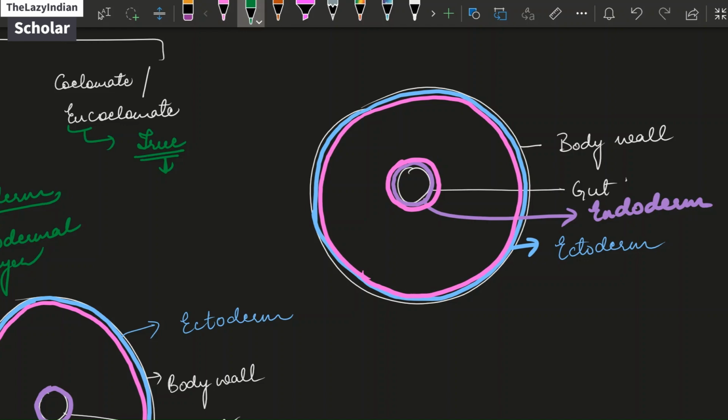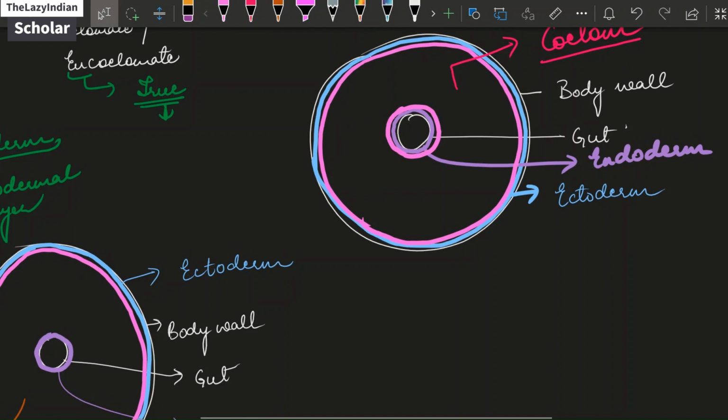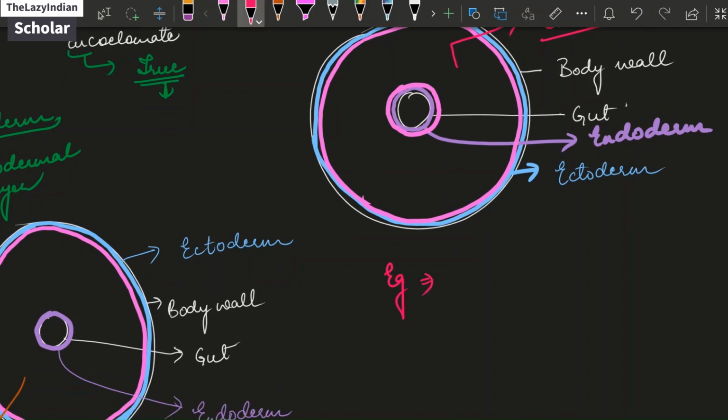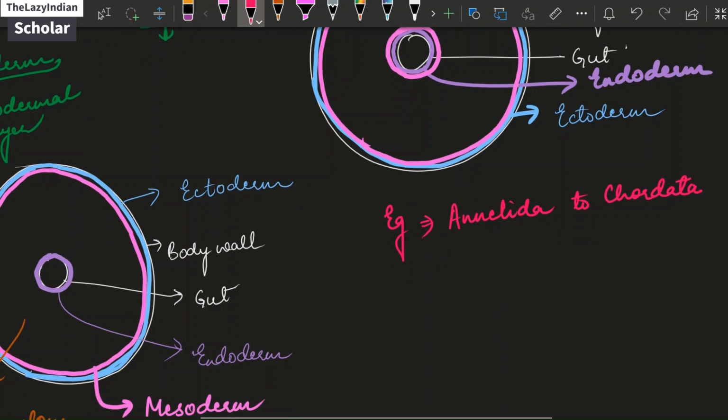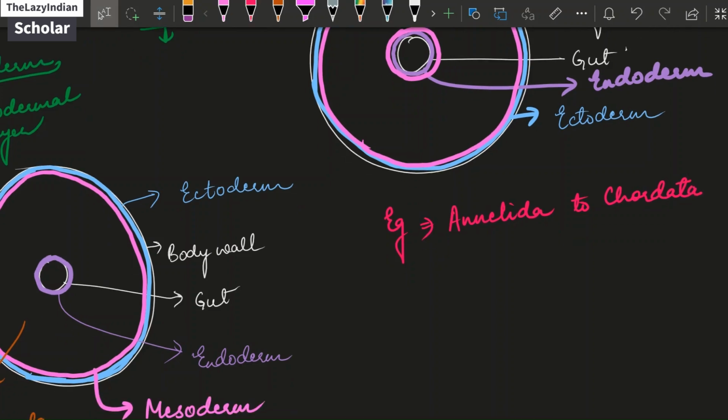And the cavity in between these, the endoderm and the ectoderm, which is lined by the mesoderm, is known as the coelom. And this coelom is a true coelom. Examples will be from annelids to the chordates. So, eucoelomate is nothing but the coelom which is lined by the mesoderm. Okay.